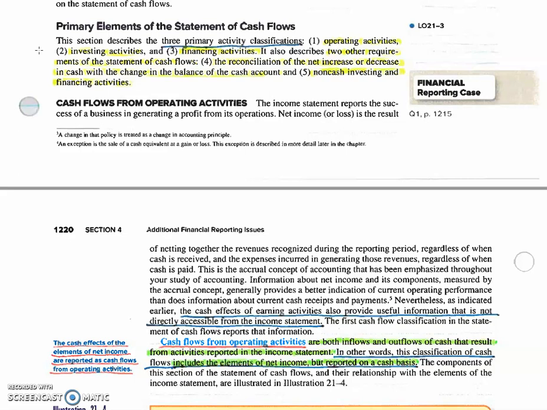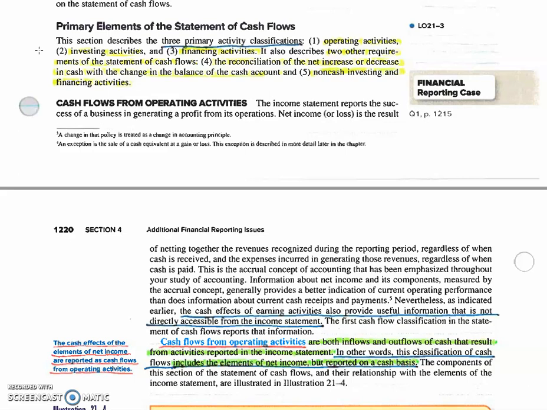But generally, they defined investing activities that way. They defined financing activities as transactions with owners and creditors, excluding interest payments. And then they defined operating activities as all activities that are not investing or financing activities. So they made sure they didn't leave anything out.